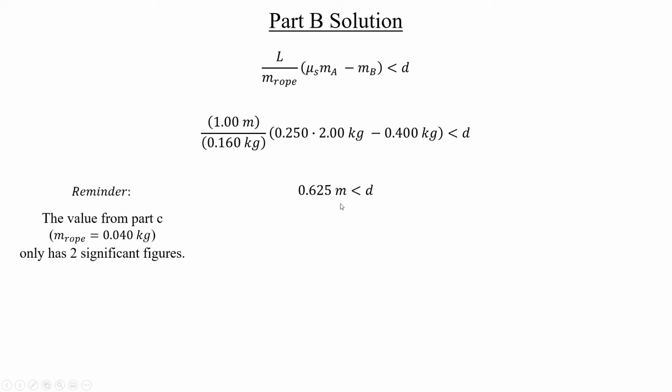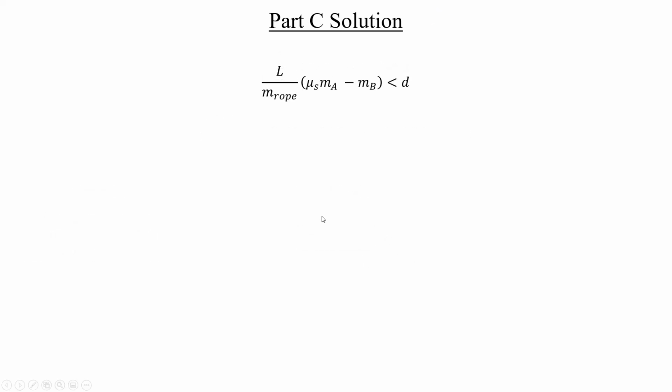So instead of 0.625, it's really 0.63. And so that is the answer to part B. We need to have a length of rope greater than 0.63 meters to fall in order for the blocks to start moving.